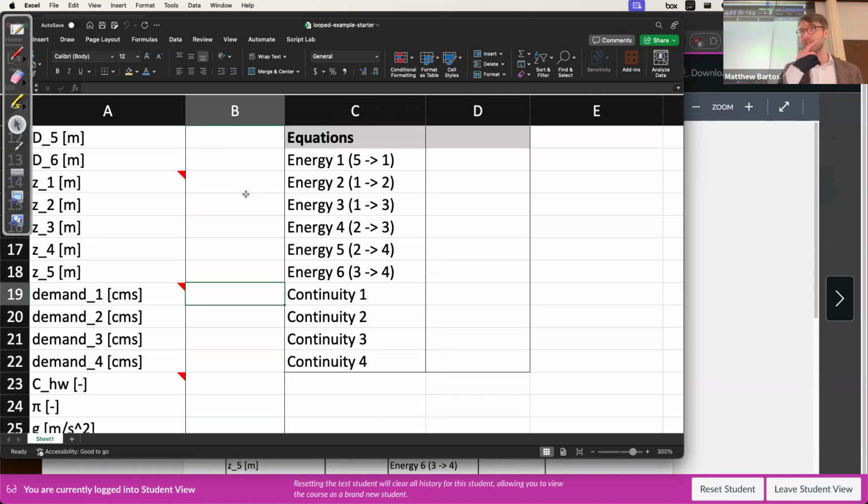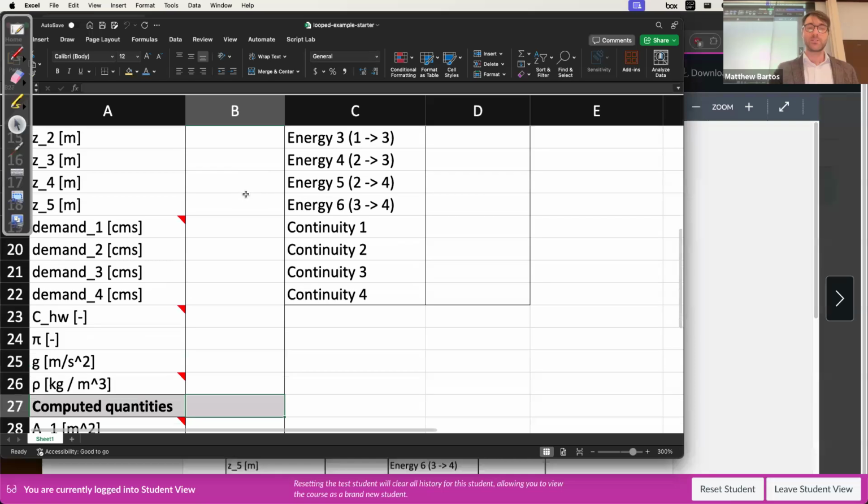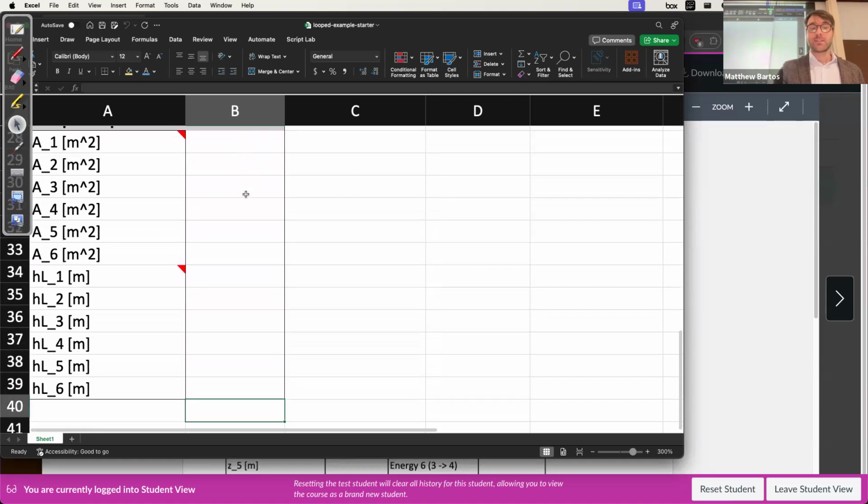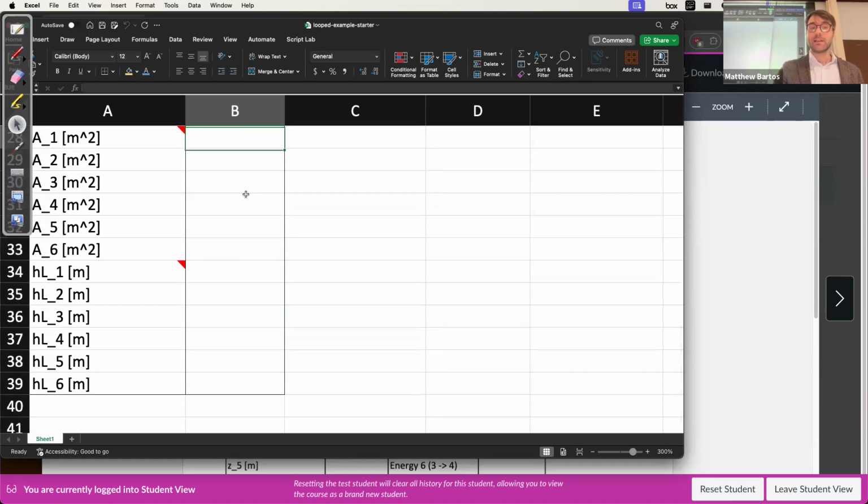All of these are 0 except for junction 4. And then the rest are just your known parameters: Hazen-Williams coefficient, pi, acceleration due to gravity, and density of water. After that, you can compute the cross-sectional areas of each pipe, and then you can compute the head losses using the Hazen-Williams equation.